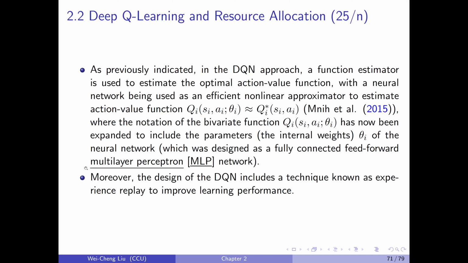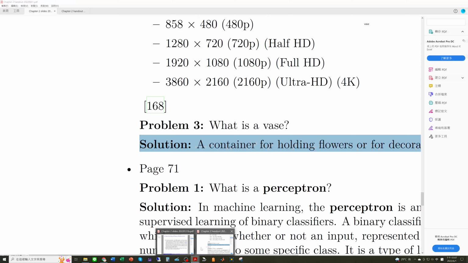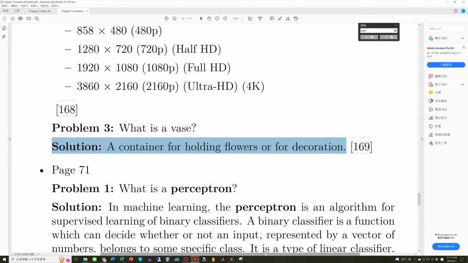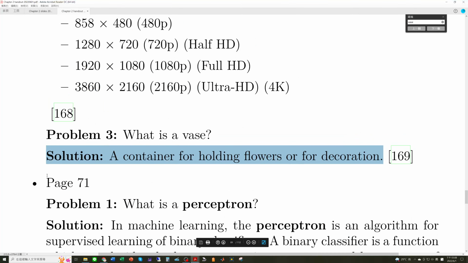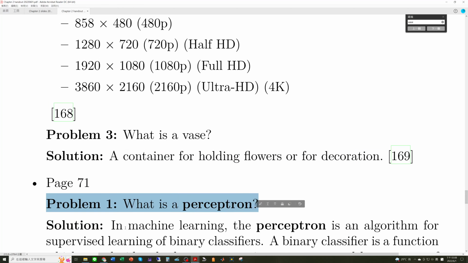Before introducing what a multi-layer perceptron is, we need to know what a perceptron is first. So please look at the handout, page 71, problem 1. What is a perceptron? Solution.